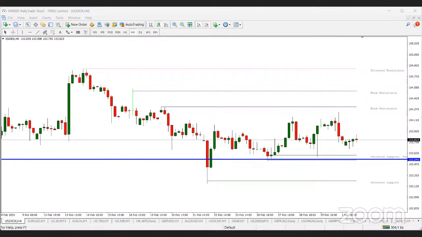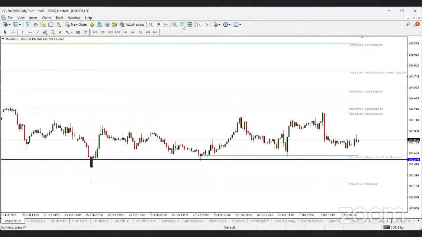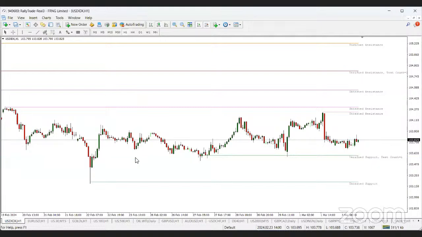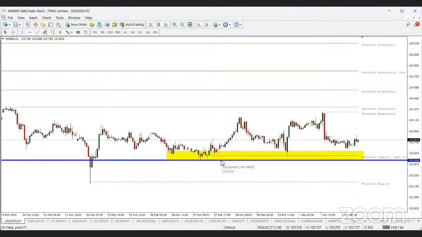So let's go to the 1 hour. On the 1 hour, the dollar itself has approached a strong support. So I think there's a high chance the dollar will be rejected at this zone, because we do not have any high impact news. Whatever sell the dollar is doing might likely end here, from which it will push up.